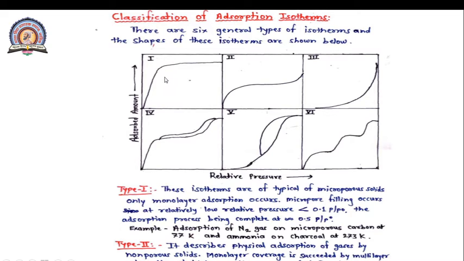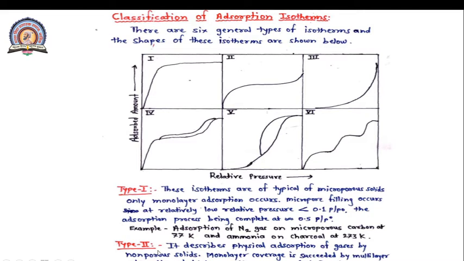Examples of this type are the adsorption of nitrogen gas on microporous carbon at 77 Kelvin and ammonia gas on charcoal at 273 Kelvin.